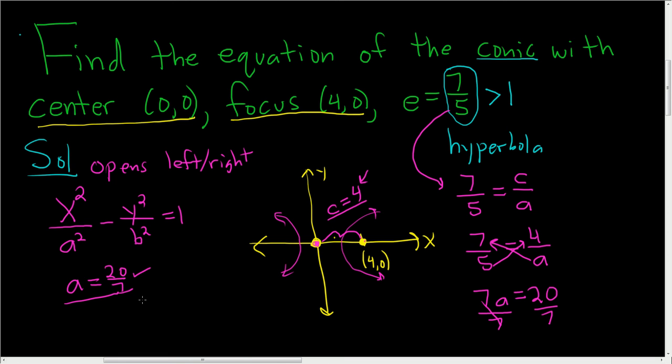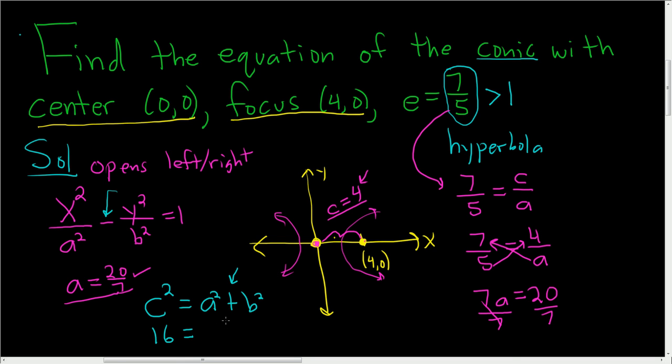So the last thing we'll do is use a formula that relates a, b, and c. In a hyperbola, c squared is equal to a squared plus b squared. You'd say, how do you have this memorized? I just know that it's the opposite. There's a minus sign here, so you put a plus sign here. c squared is, well, c is 4, so this will be 16 equals a squared.